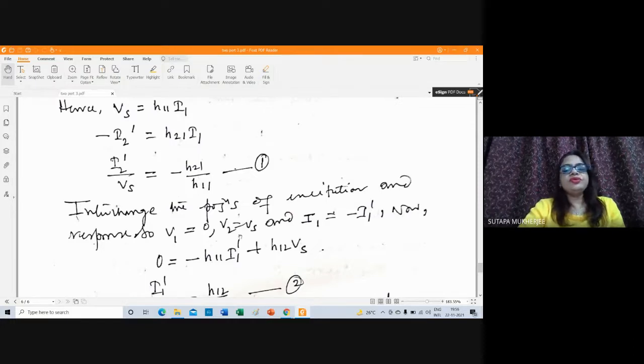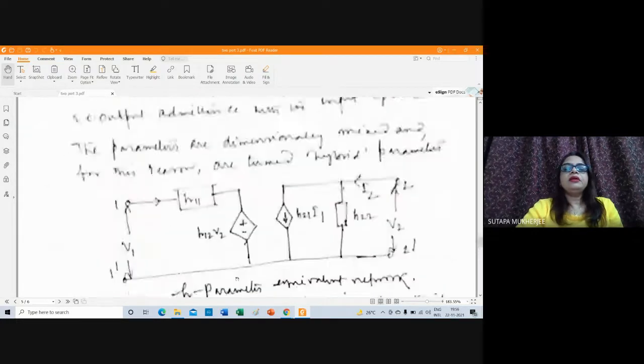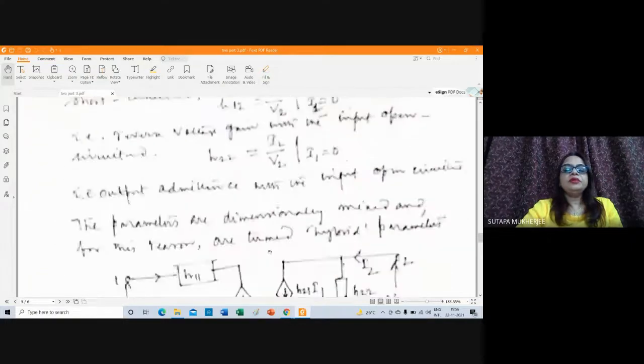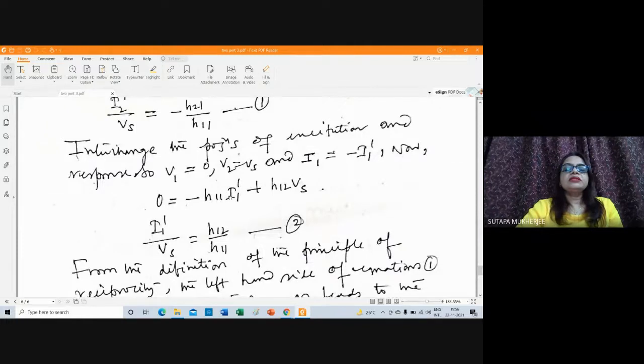So interchanging the position of excitation and response, V1 will be 0, V2 will be Vs. Already I have told you I1 equals minus I1 dash. So with V1 equal to 0, it will be minus H11 I1 dash plus H12 Vs. Recall V1 is equal to H11 I1 plus H12 V2; put minus I1 dash here because I1 equals minus I1 dash.